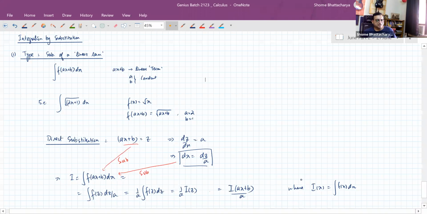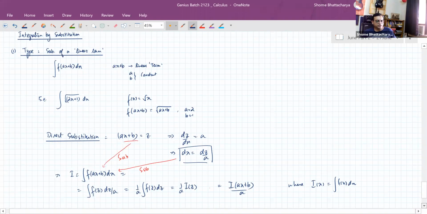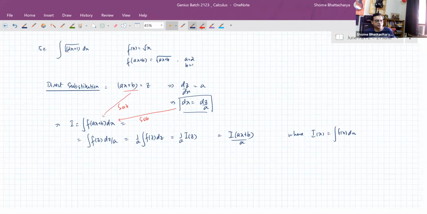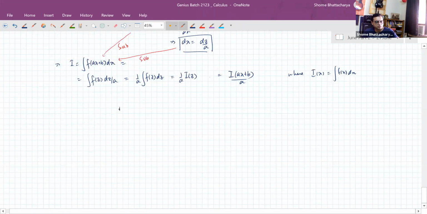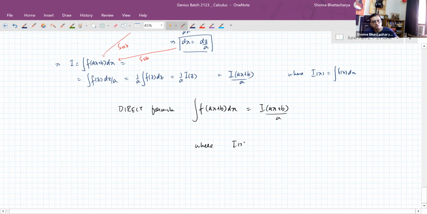Okay, so let us see a simple example of this kind of substitution. Eventually we can use this as a direct formula, that anytime we have integration of any term like this, that just becomes this, where basically I(x) is the antiderivative of f(x).